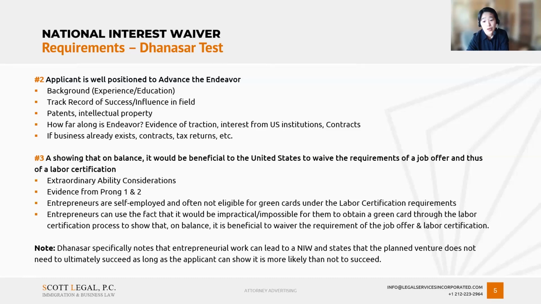If you're an entrepreneur, you can use the fact that you will be self-employed and not be eligible for a green card under the traditional labor certification pathway, because you would have ownership interest in your company and you can't really use your own company to sponsor you. So that can be one way you can show that on balance, it would be better to exempt you from this onerous requirement. So that can be another way for entrepreneurs to have that advantage in the third prong.